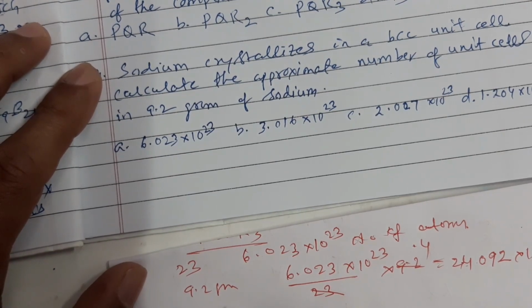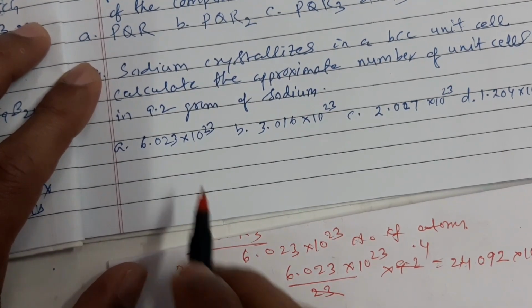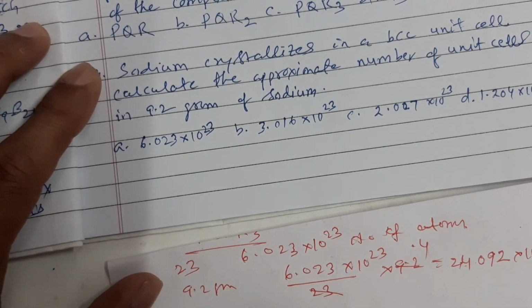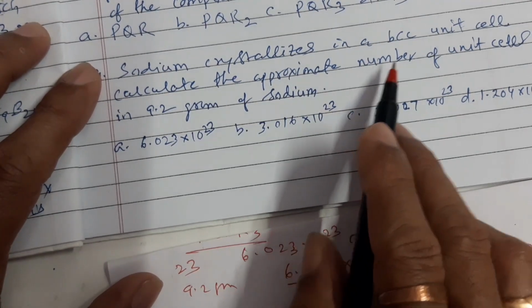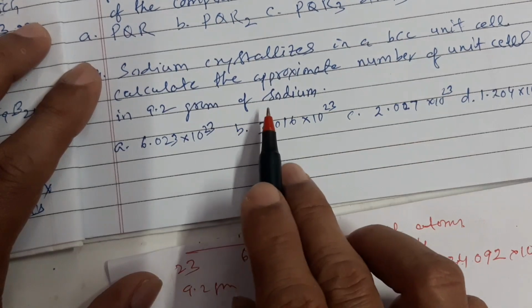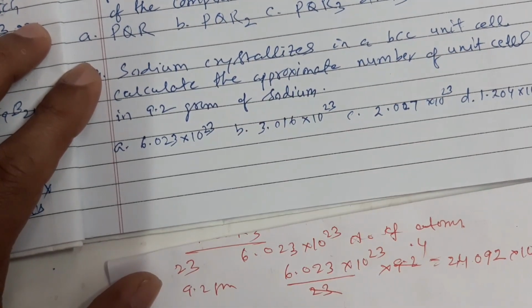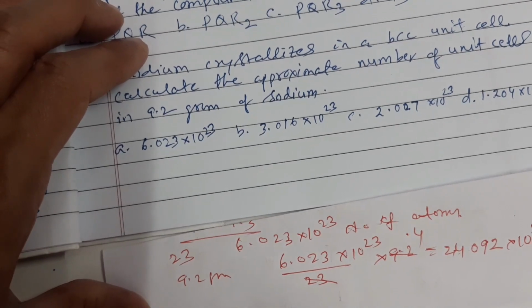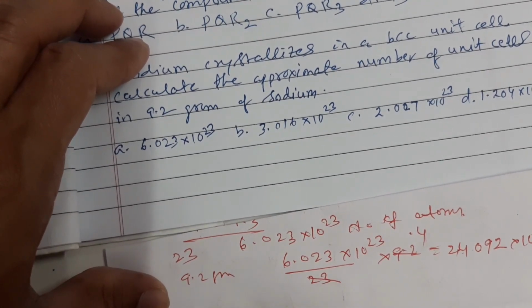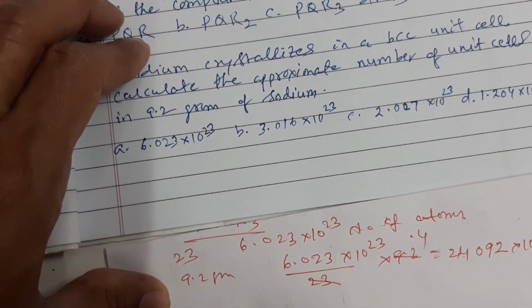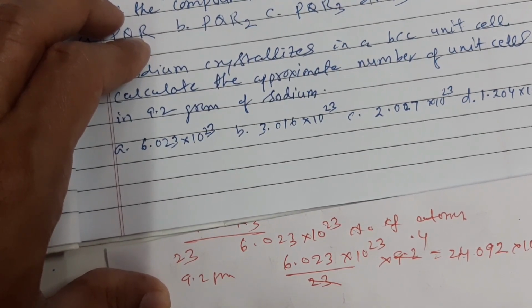Now, for a BCC unit cell, the 8 corners give 1 by 8 multiplied by 8, which is 1.